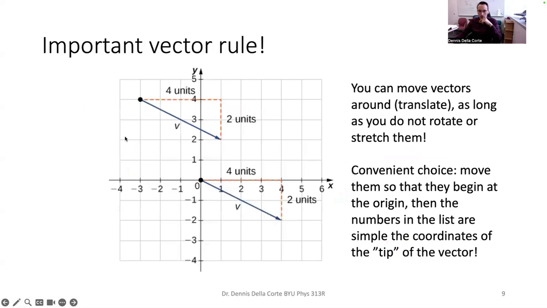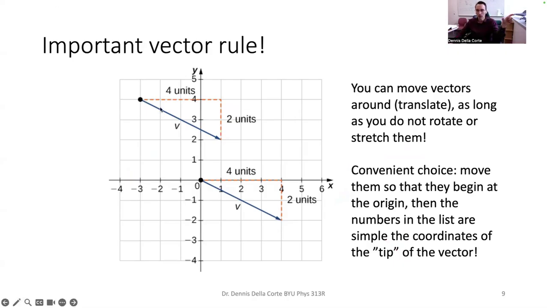Here's an important rule about vectors that you might remember. When you have a vector, you're allowed to take it and move it around, so-called translating it, as long as you don't rotate it or stretch or compress it. As long as you keep its length the same and its direction the same, you can move it anywhere, and it's still the same vector.